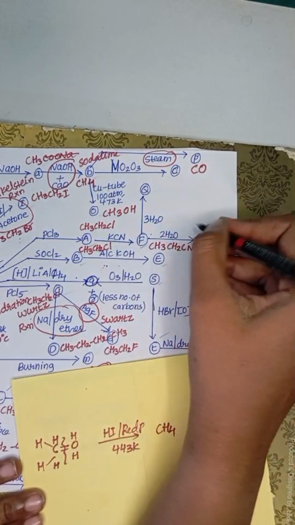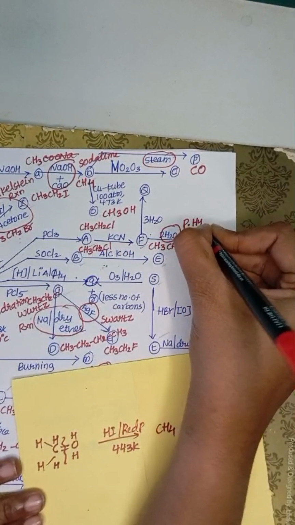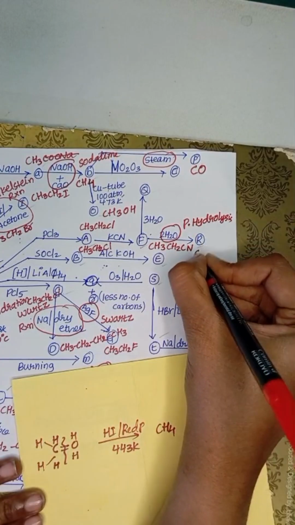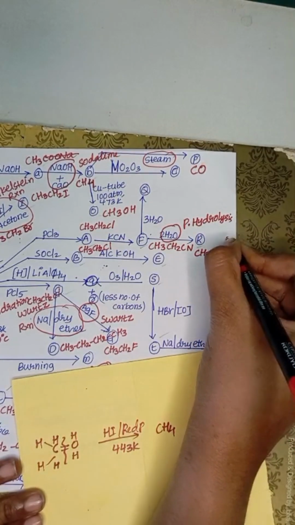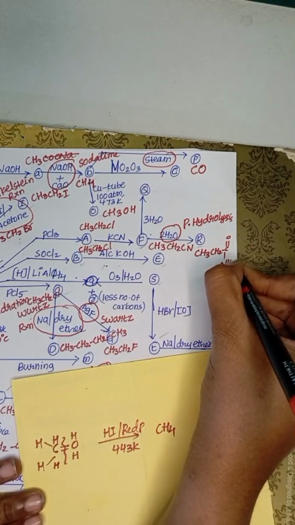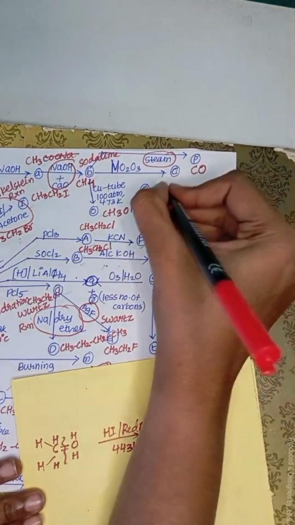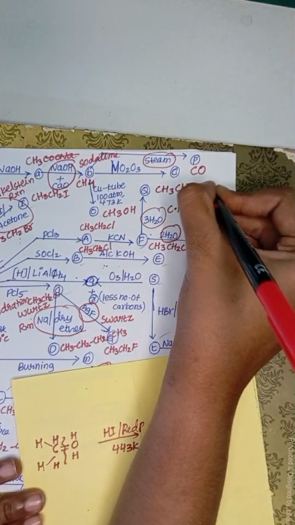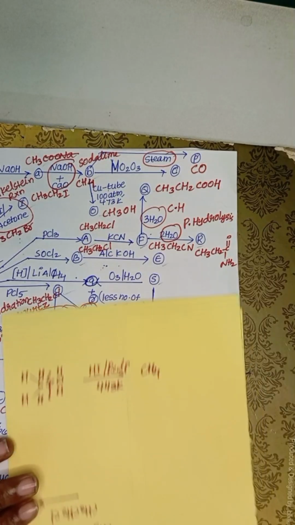Now, if it undergoes partial hydrolysis, it gives the corresponding amide. If it undergoes complete hydrolysis, it forms the corresponding carboxylic acid.